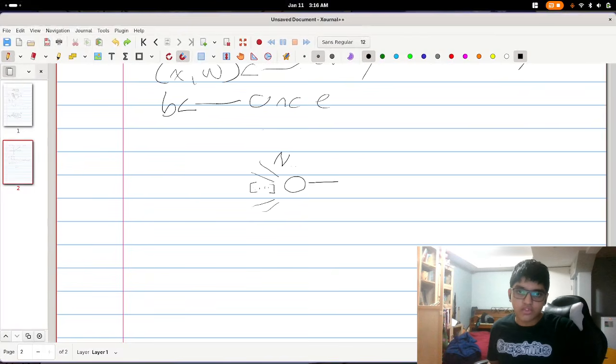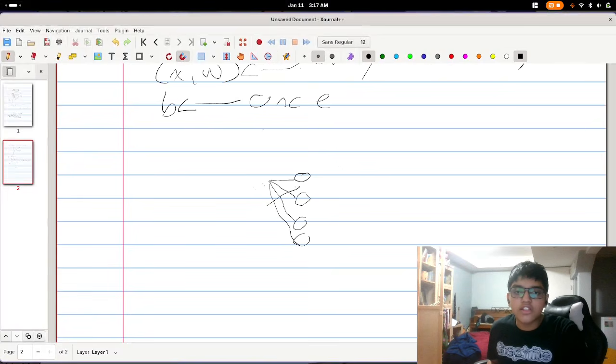Now if we zoom out a bit, so that we're not looking at any individual neuron, but instead a layer of neurons, each input is fed to each neuron.